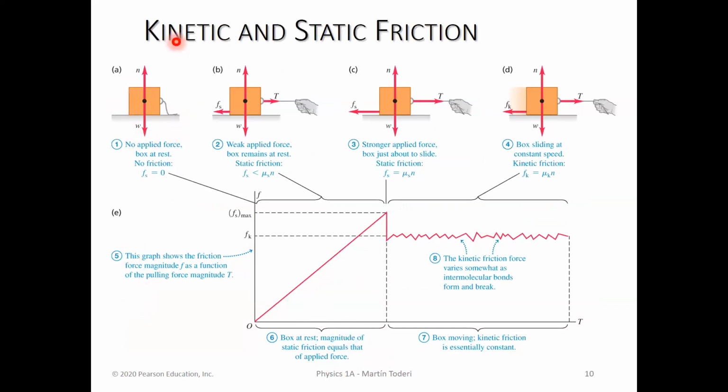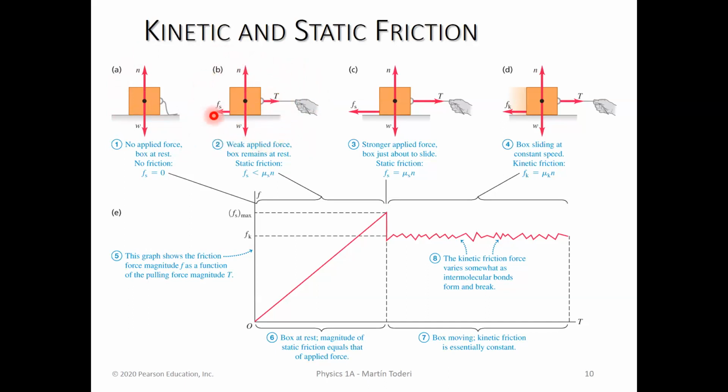So let's look at an example here. If we have the box resting, we have no force, nothing, just normal and weight, so this thing is in equilibrium. Then we start pulling to the right with tension, but the tension is too weak to actually move the box because we have friction here. So this thing is still in equilibrium.